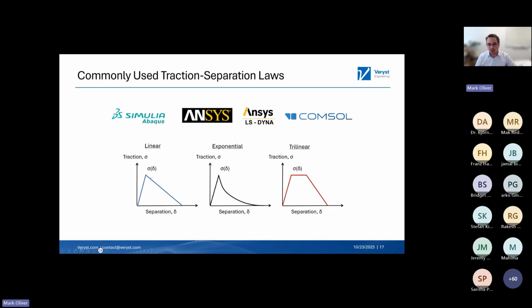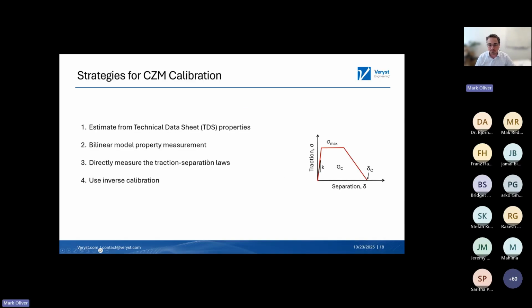You'll see linear, exponential, trilinear, and in some codes you can define your own. But what cohesive zone modeling boils down to in terms of the material calibration is determining what this traction separation law looks like for any given adhesive.